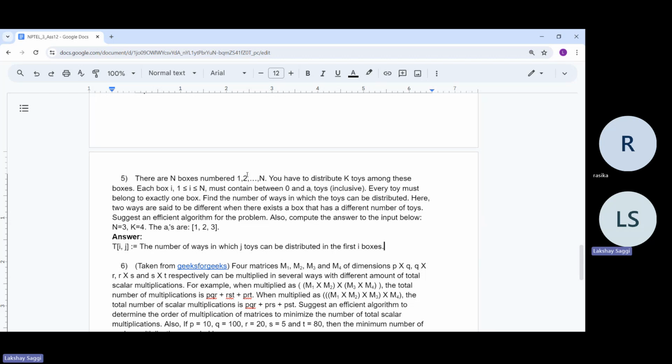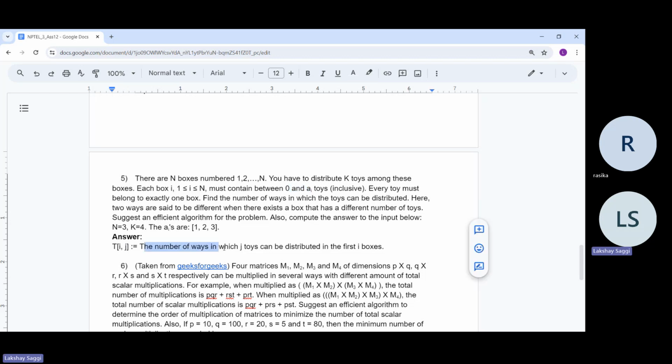So we are given these n boxes. Suppose we take the first i boxes out of these. So Tij just represents, if we just consider these i boxes and we wish to place j toys inside them, what are the possible number of ways in which we can do so? I hope the problem statement is clear. Note that all of these constraints are still active: for each box i, there must be between 0 and ai toys inside that box.